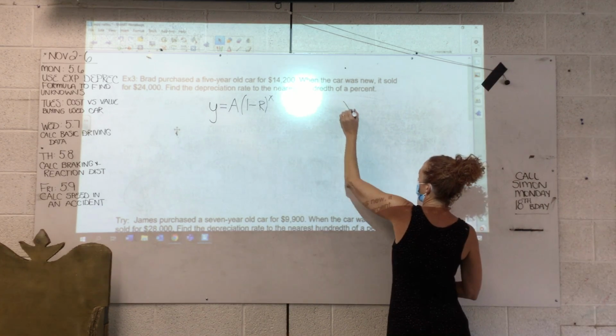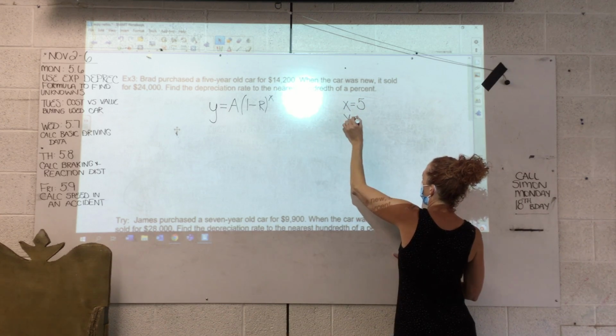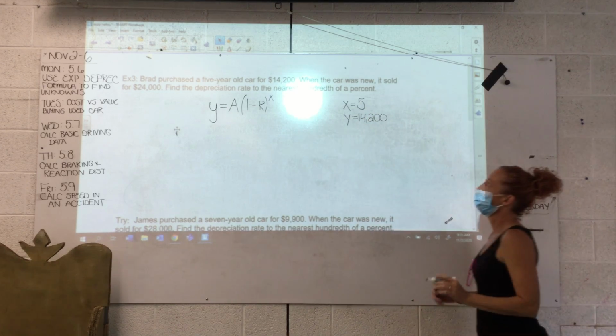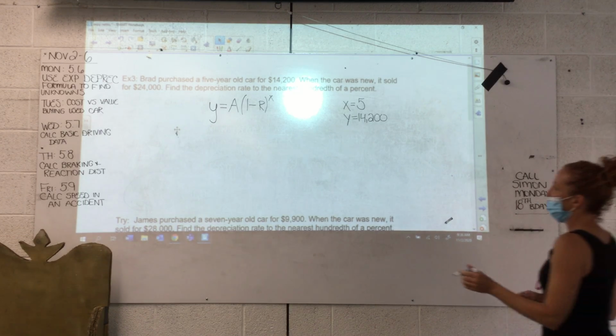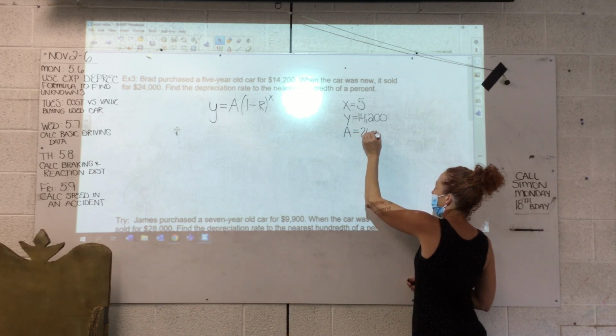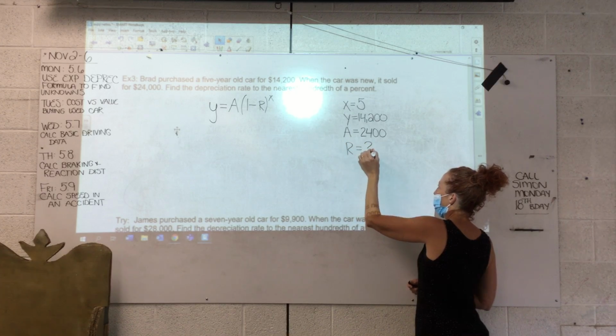So right there, when X, after 5 years, the car was worth $14,200. There's an X and a Y. When the car was new, it sold for 24 grand. There's the A. The rate is what we don't know.